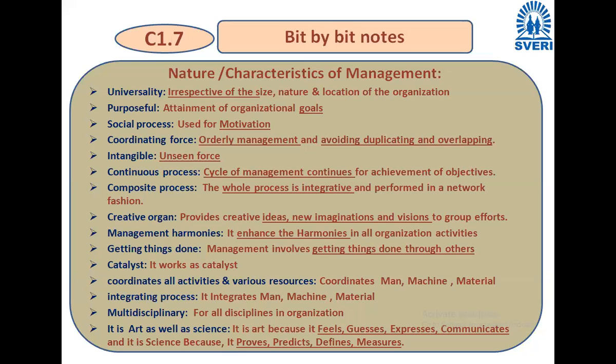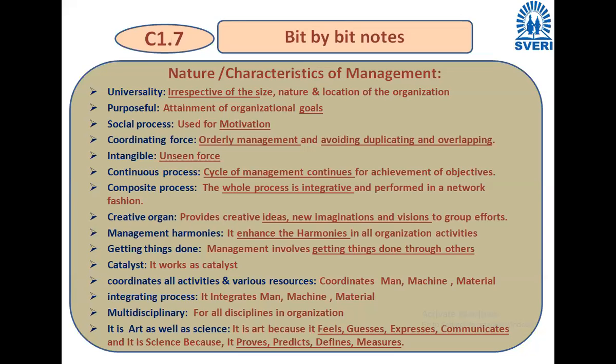Write the pointers only which are highlighted. Or if you are not able to remember, for example intangible, what will you write in intangible? So if you want to remember, in bracket write an unseen force is there. Suppose universality. You can remember the word universality, what it means, what is expected.